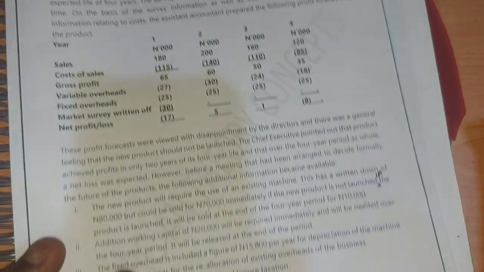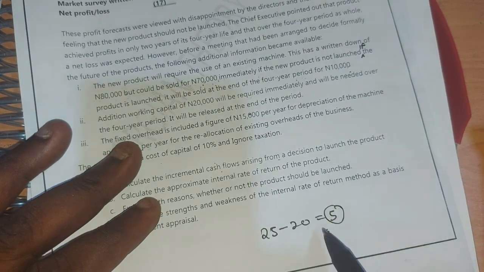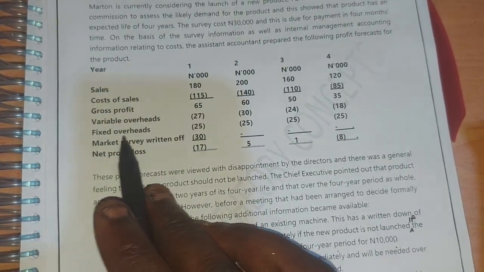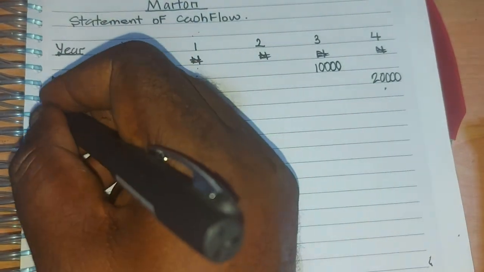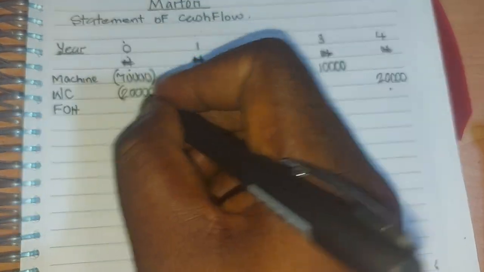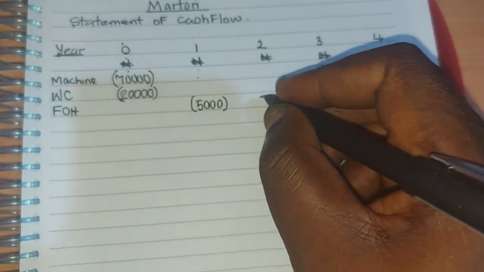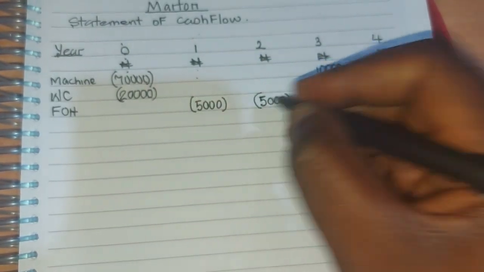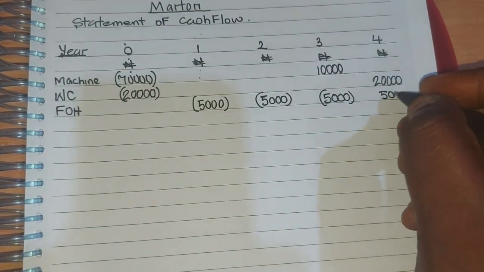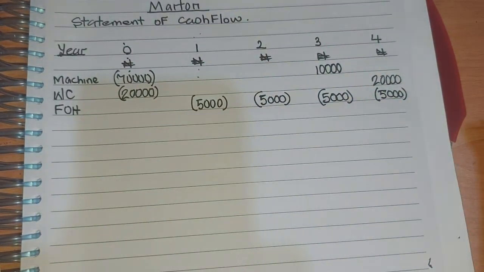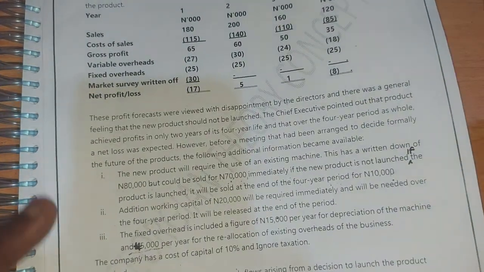So that is 25 minus 20, and that is 5. So our cash flow overhead is 5,000. So we have fixed overheads from year 1 of 5,000, an outflow; 5,000 is an outflow; 5,000 is an outflow; 5,000 is an outflow. So the additional information is done.